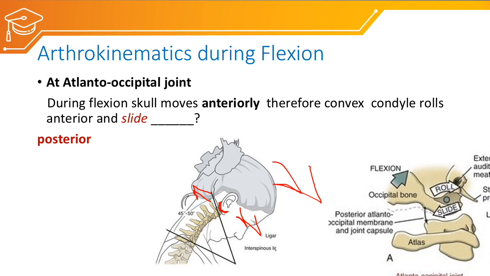So during flexion, the occipital condyle rolls anteriorly and slides posteriorly. Again, I repeat, the convex surface is moving on a concave surface. So therefore, sliding is in the opposite direction to the movement of the bone.